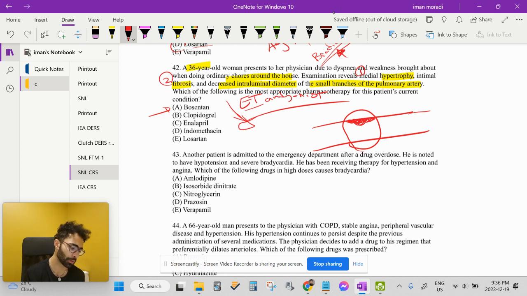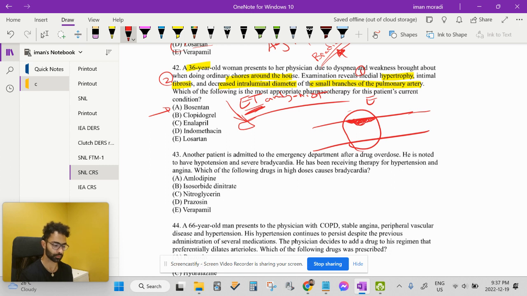Every time I draw a ring around a vessel, it's a 3D ring representing a layer of smooth muscle, and it means constriction. So when we block endothelin receptors, we're relaxing those vessels.